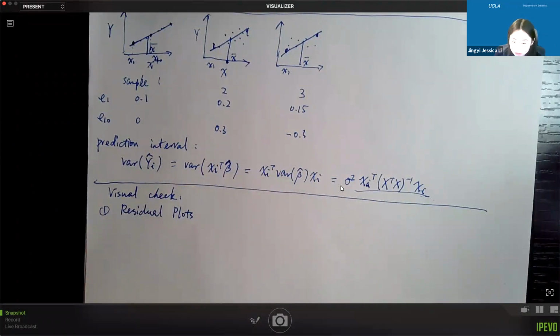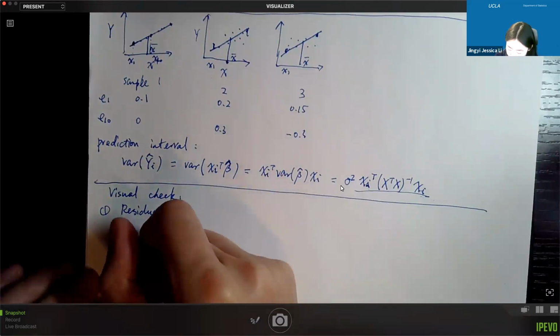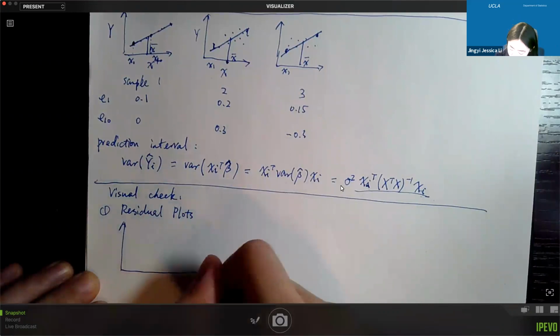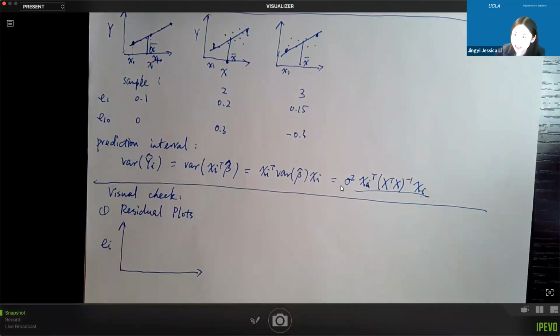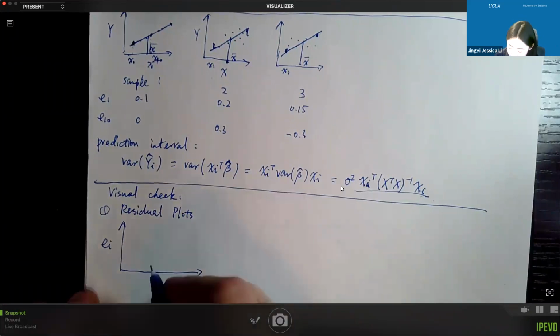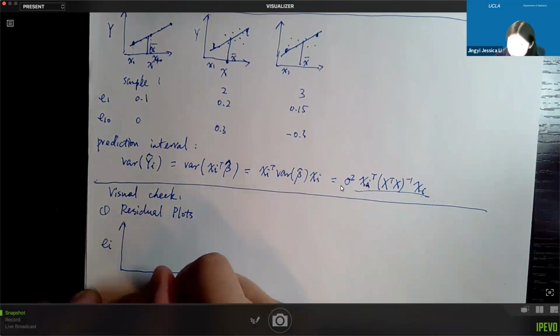So in a residual plot, what are we plotting here? It's actually very simple. The y-axis plots the residual, ei, for all the data points, and the x-axis plots the yi hat, the fitted response.